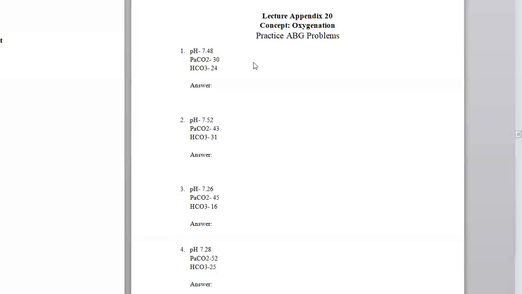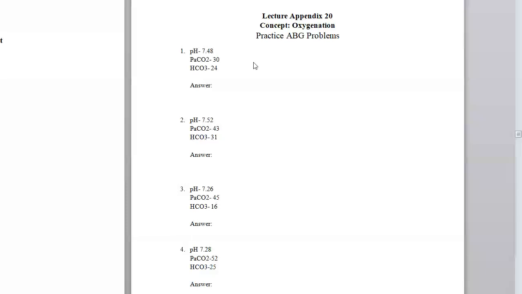Anything below 7.35, going to the left on the scale, would be considered acidic, and anything going to the right above 7.45 is considered alkalotic. So right away we know that the pH is alkalotic, correct? Because it's above 7.45.